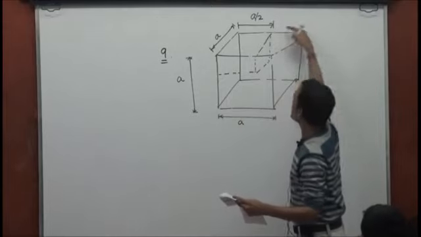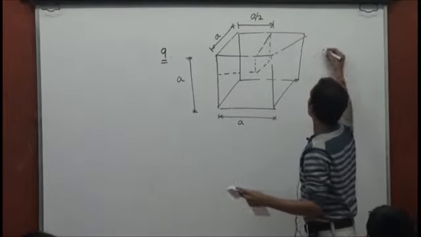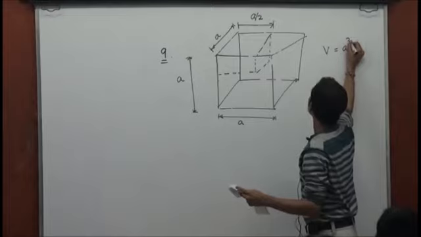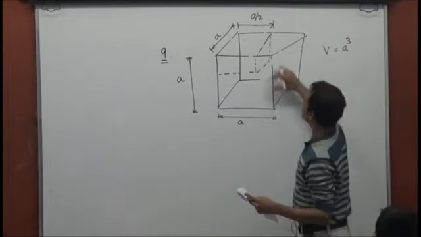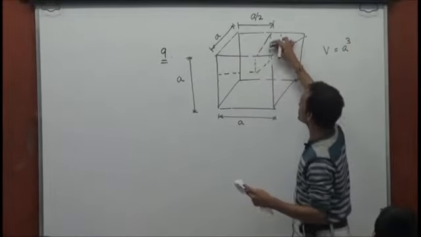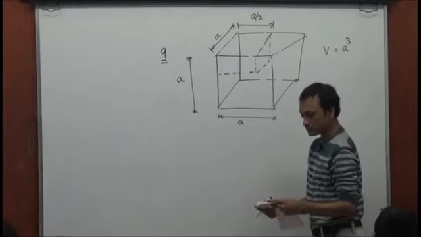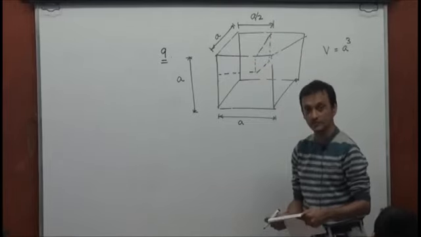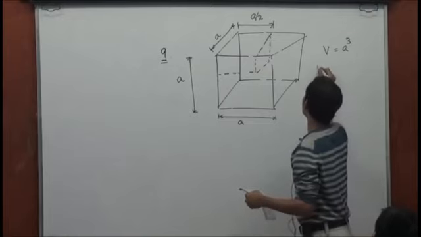Okay, so here we have a hollow cube whose volume is a cubed. Then this dotted portion is filled with water, and has a volume V by 4.